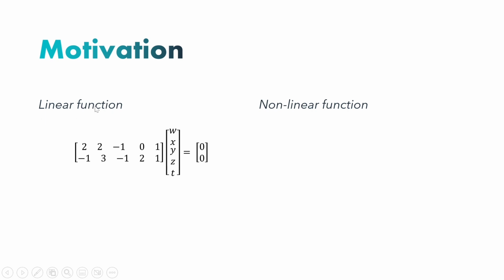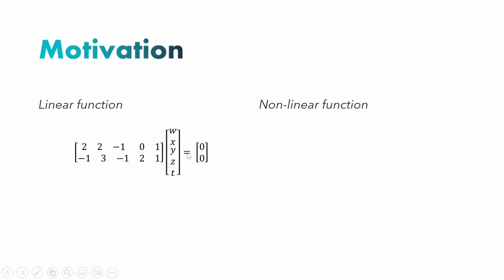So let's start here on the left with an example of a linear function. Linear is simple, basically, and this is just an example that we have. It's taking 5 variable inputs, which are notated by w, x, y, z, and t, and it's giving 2 outputs. You can tell that there's 2 outputs because there's 2 rows to this matrix here on the left, and each row of the matrix corresponds to an individual linear equation.